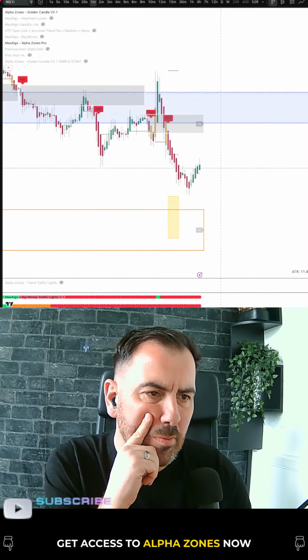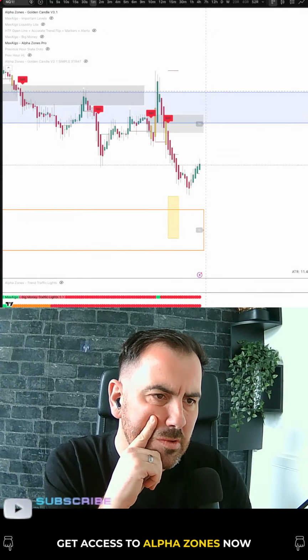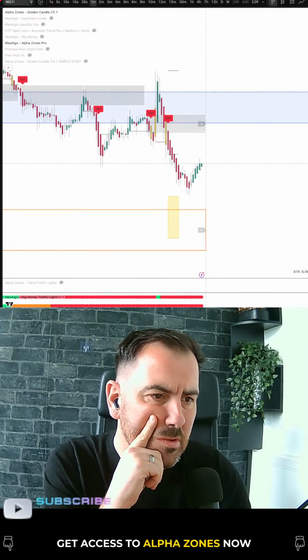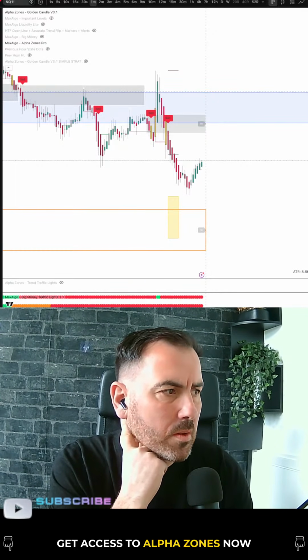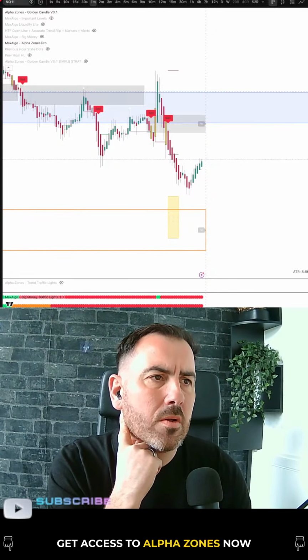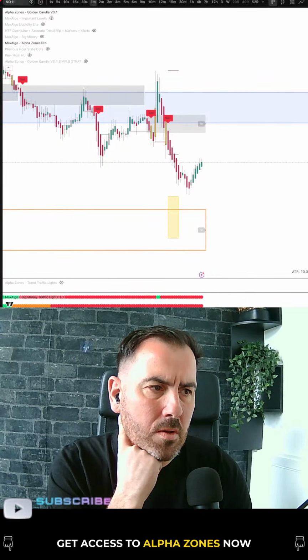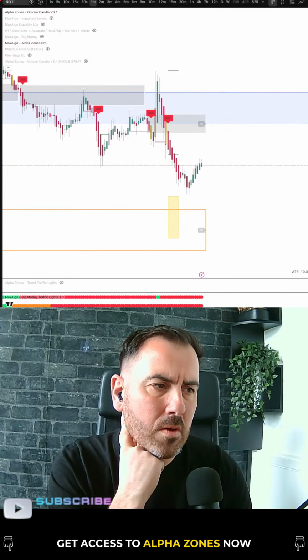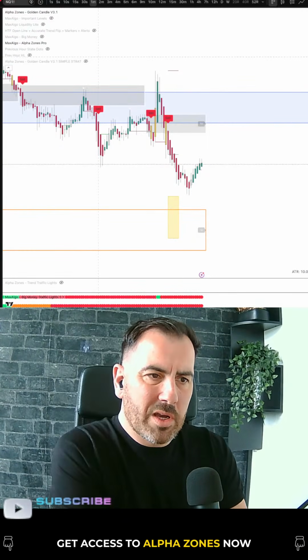Don't want to be going all the way back up here. I'm going to reduce my risk on that and put it above the Q. Because if it goes back up there, then I don't want to be in it anyway.